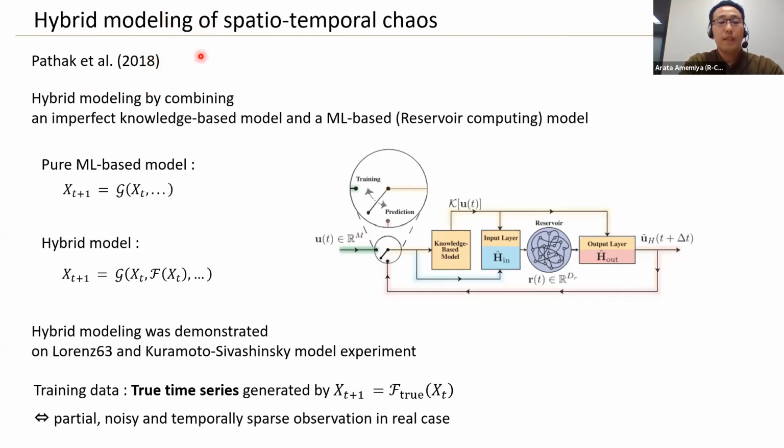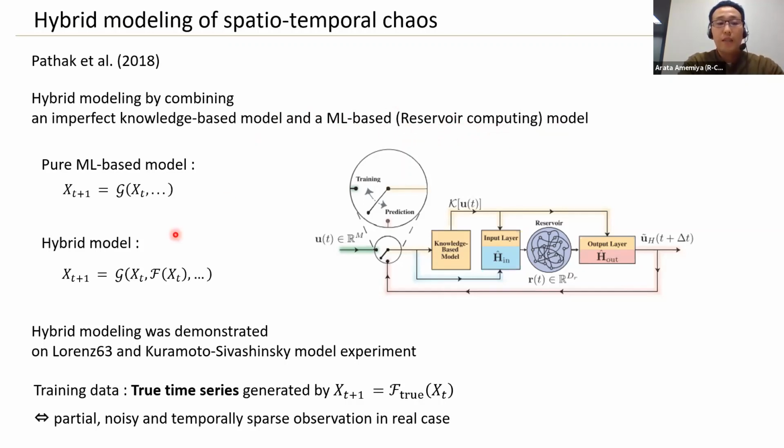So their model is a hybrid model combining an imperfect knowledge-based model, with an imperfect set of equations, and a machine learning-based model, which in this case is reservoir computing.